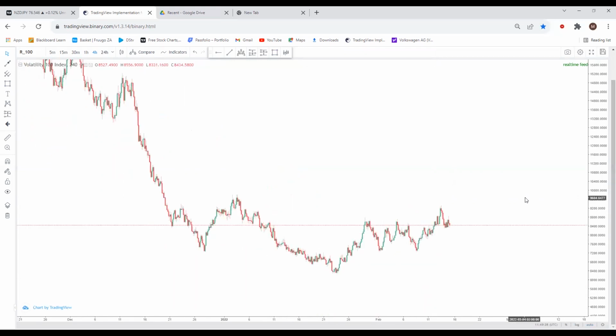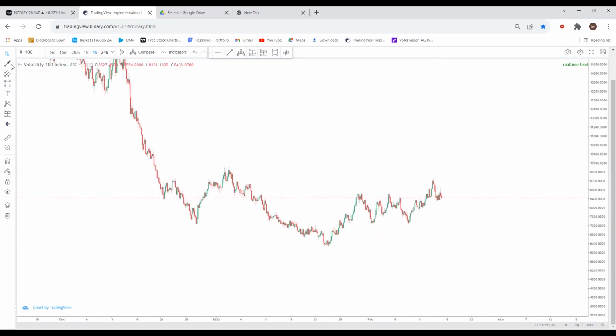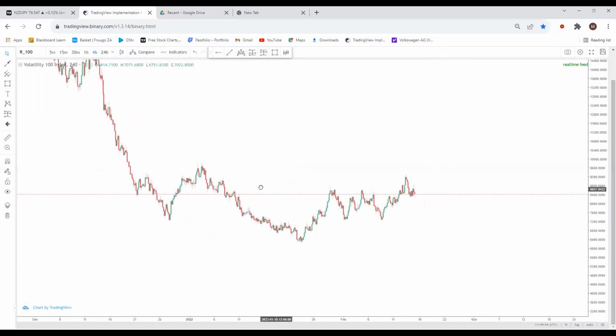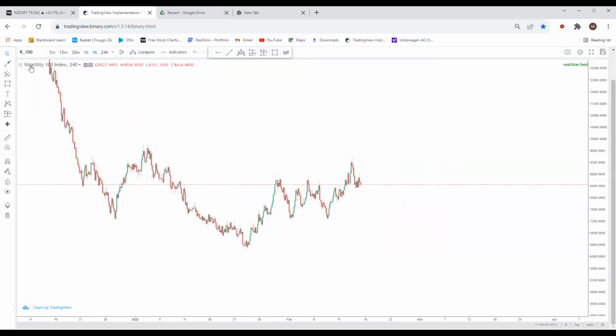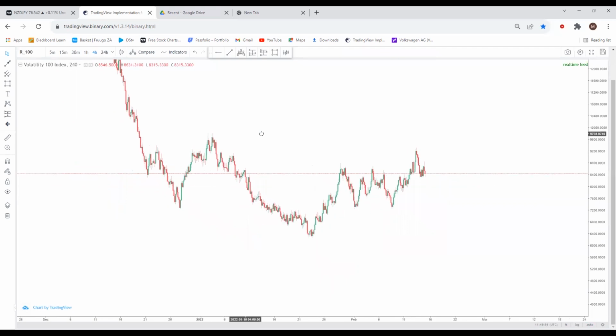I was running out of time, so I'm just going to showcase one synthetic index, which is the Volatility 100 Index.